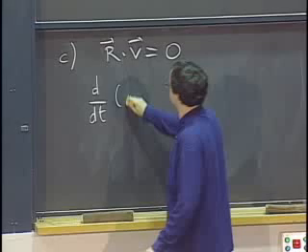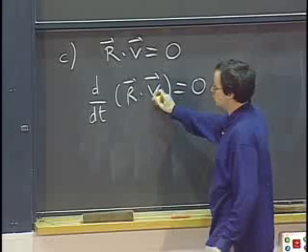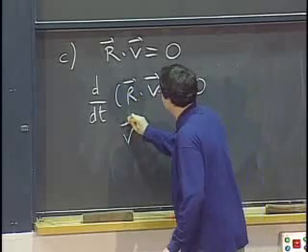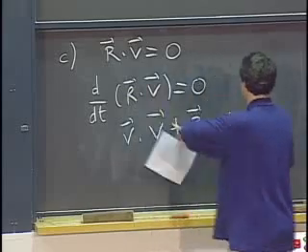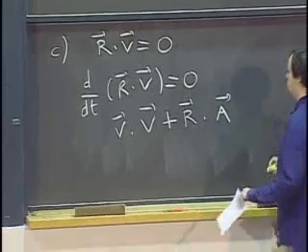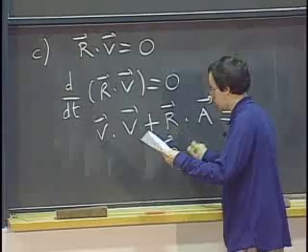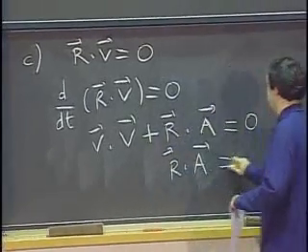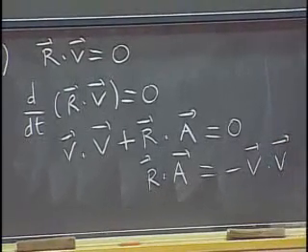That's still 0. But now using the product rule, well, dr/dt is v, so v dot v plus r dot dv/dt is going to be 0. So that means that you're asked about r dot a. Well, that's equal to minus v dot v. Okay? And that's it.